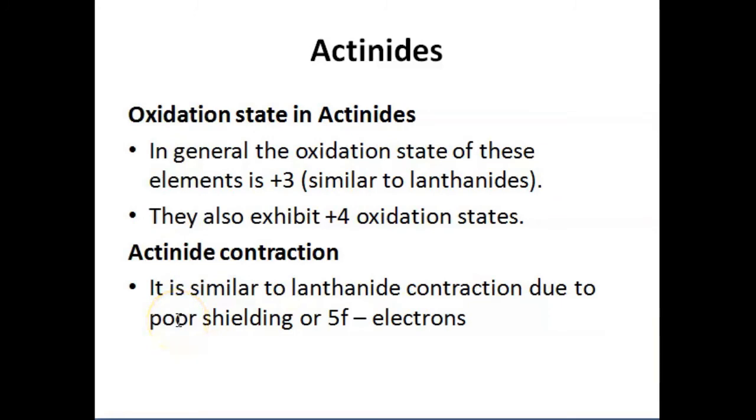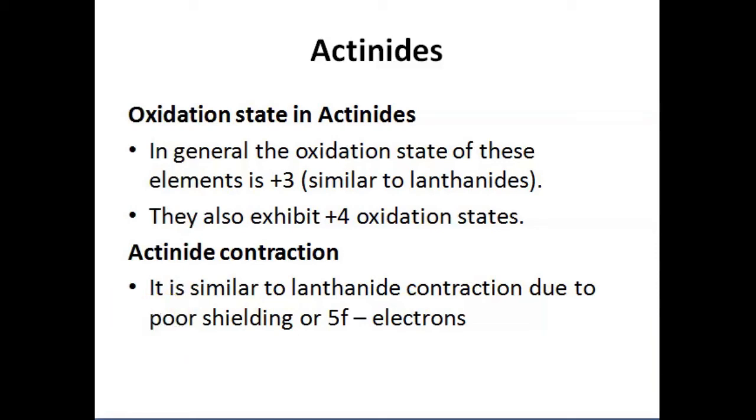So actinides in general will have the oxidation state of +3, but they will also exhibit an oxidation state of +4. Actinide contraction is very much similar to the lanthanide contraction, and that happens because of the poor shielding of 5f electrons.